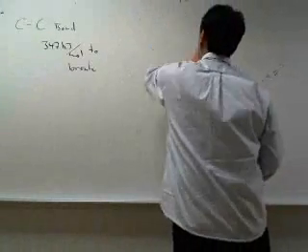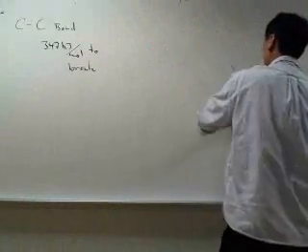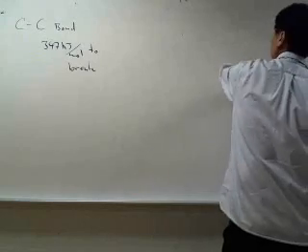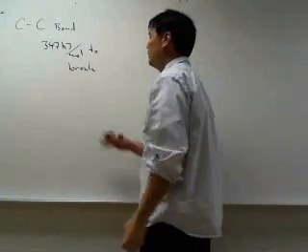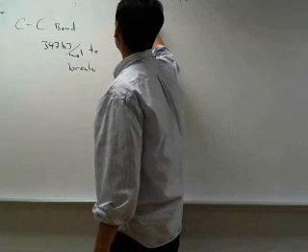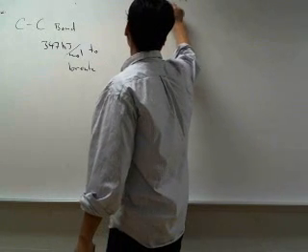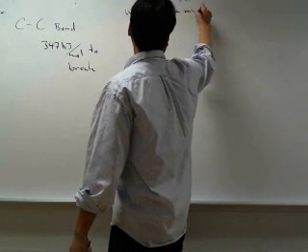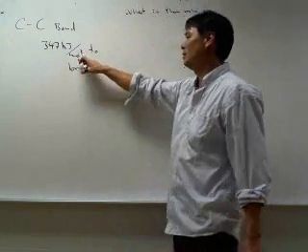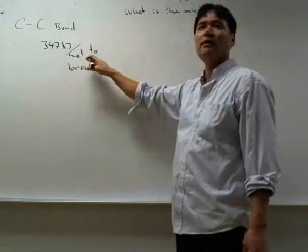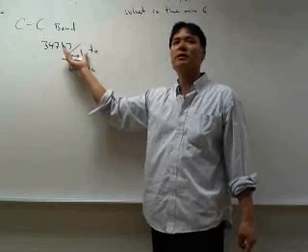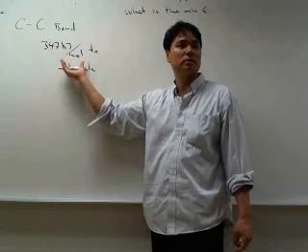We're going to ask the question, what is the minimum energy? Well, the minimum energy is 347 kilojoules, right? If I don't have 347 kilojoules, I'm not going to break the mole of bonds.